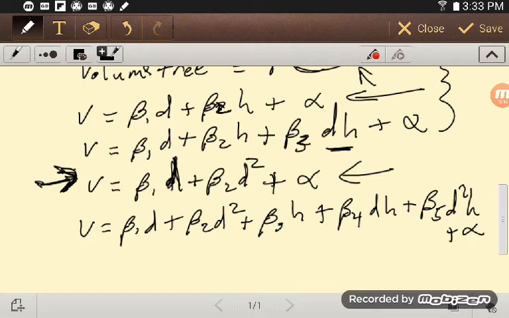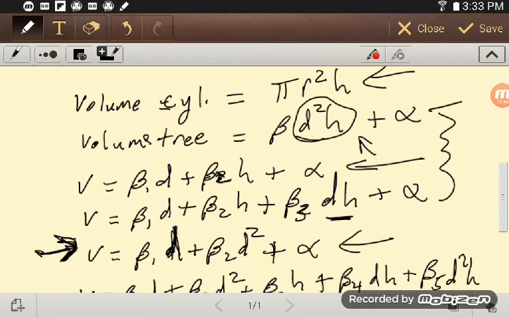Again, I kind of like this model up here with the d squared h, because it looks a lot like r squared h in the volume of a cylinder. But there again, I have to multiply those columns together and so forth, and maybe I don't want to.